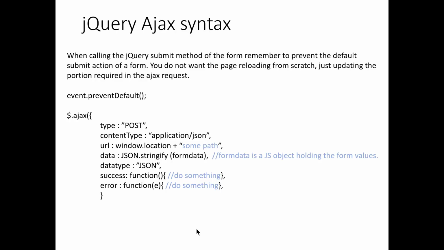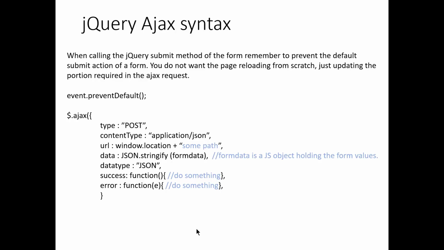So a quick look at the jQuery AJAX syntax. When calling the jQuery submit method on the form, remember to prevent the default submit action of a form. By default, whenever you submit a form, it will try to submit that form to the server, waiting for the server to respond and send stuff back, so it'll be a complete new reload of the form.